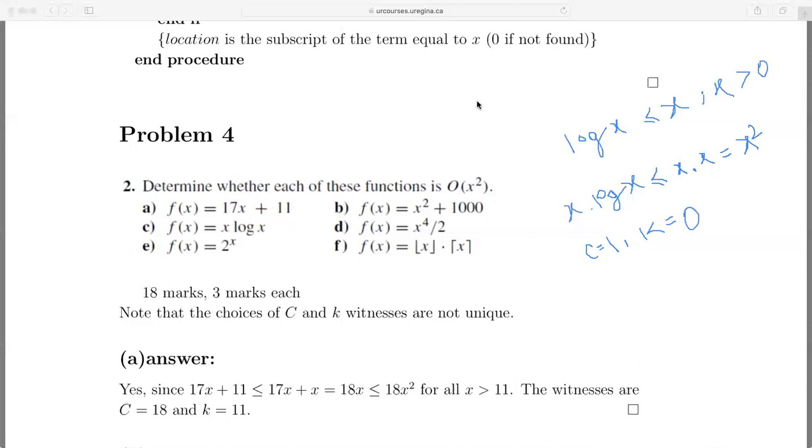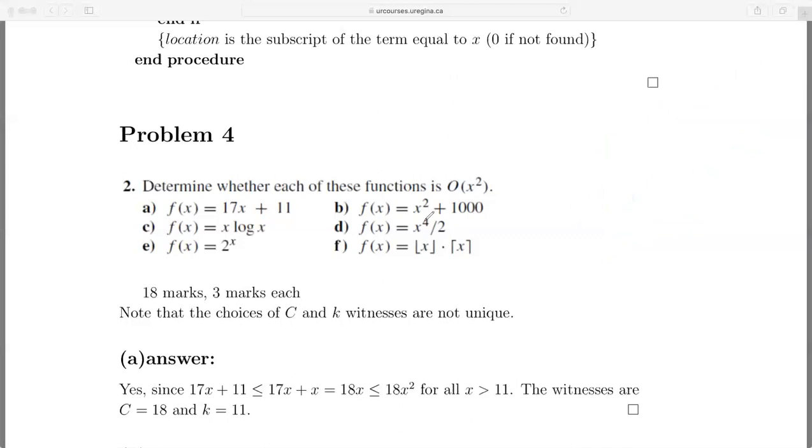The next one, f of x equals x to the power 4 over 2. From here you can see this exponent is 4 and this one is 2. So you can easily say that no, it's not big O of x squared. It's already x to the power 4.